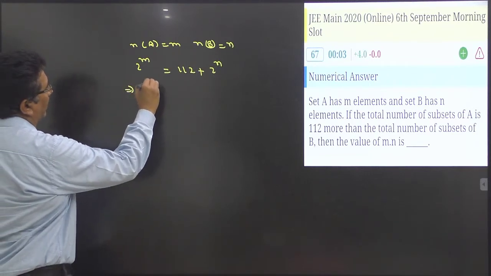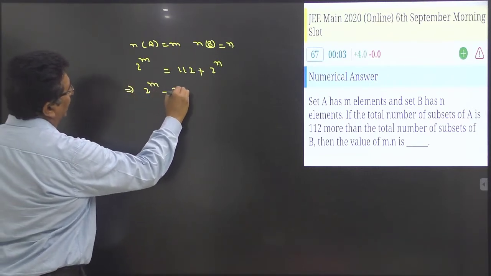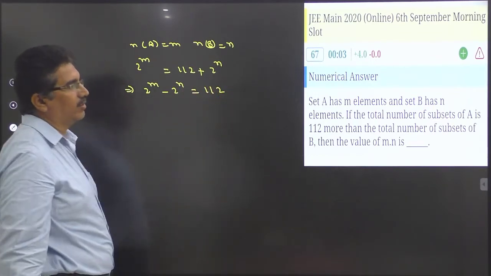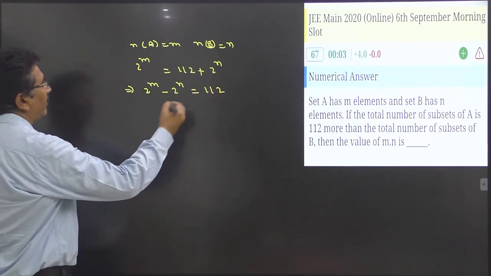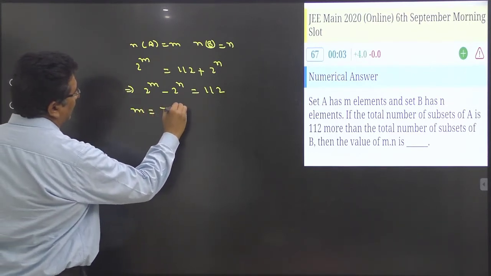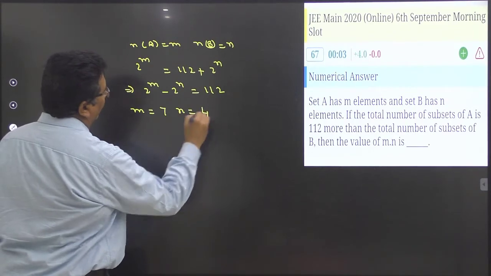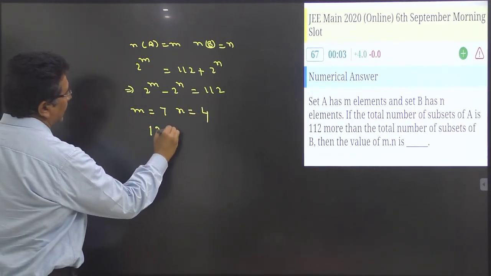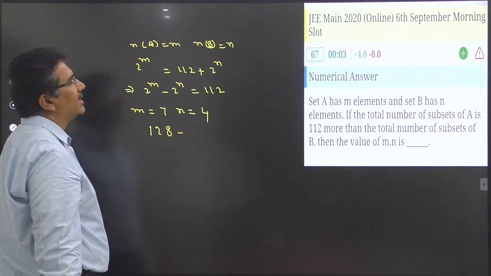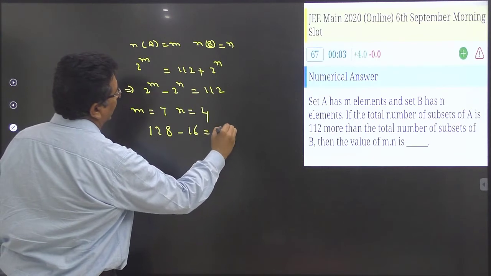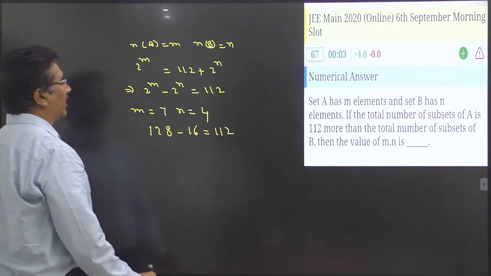that implies 2 power m minus 2 power n is equal to 112. Right, by verifying the values of m and n, m is equal to 7, n is equal to 4. m is equal to 7, 2 power 7, n is equal to 4, 2 power 4 is equal to 16, that is equal to 112.